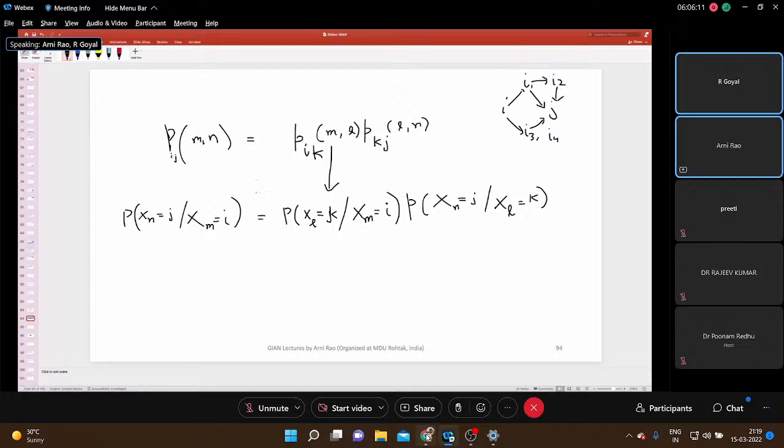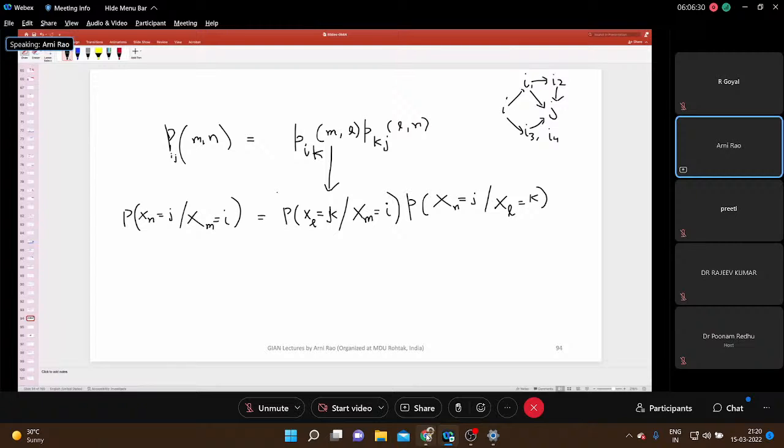Let me explain the meaning of K here. This is important. Why do we use Chapman-Kolmogorov? It is central to the stochastic process. On the second day itself, you have all reached this level, and I should appreciate you.